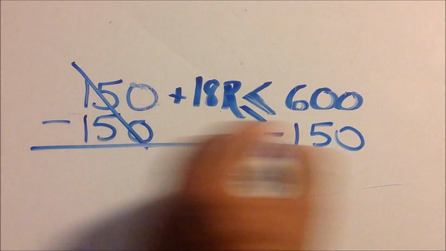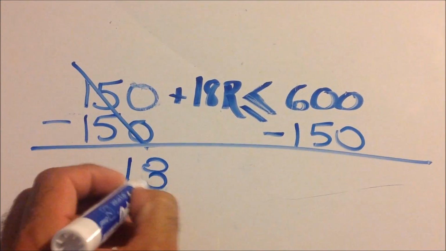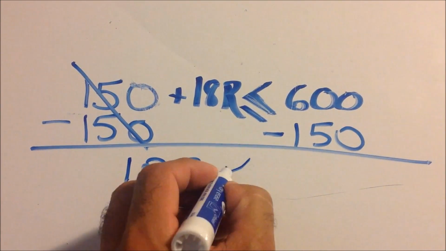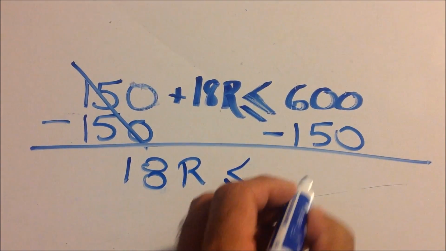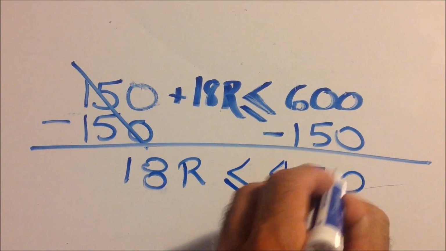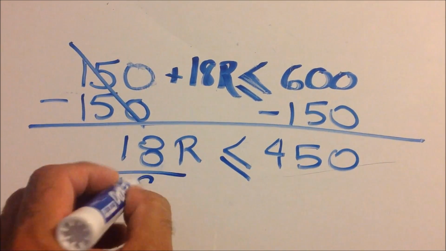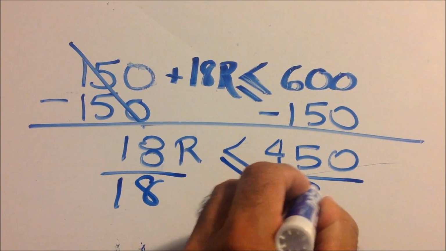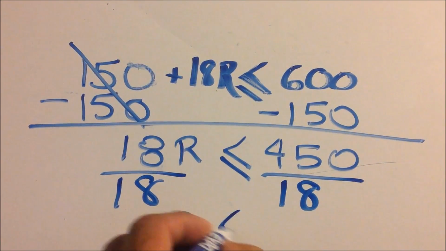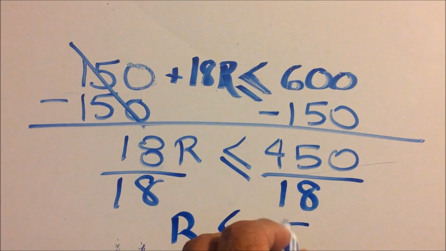Do the reverse of GEMDIS. Bring down the 18R. It's going to be less than or equal to 450. Divide out the 18 on both sides. And we now know that R has to be less than or equal to 25.